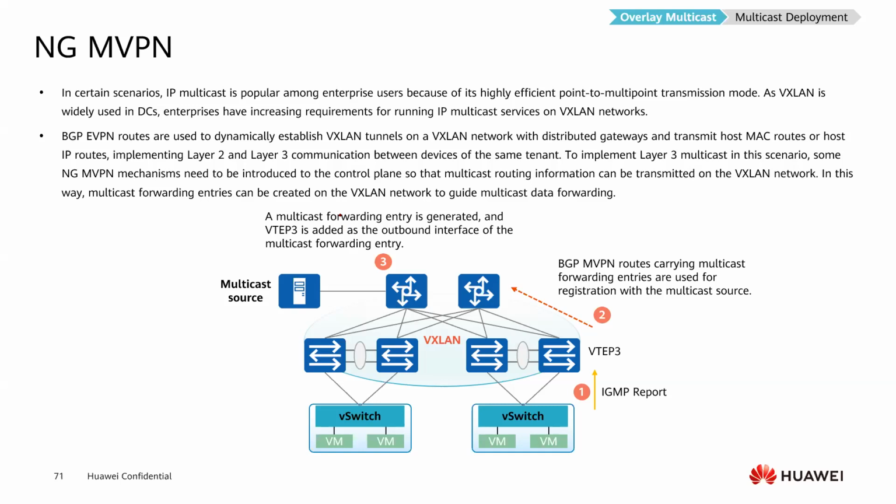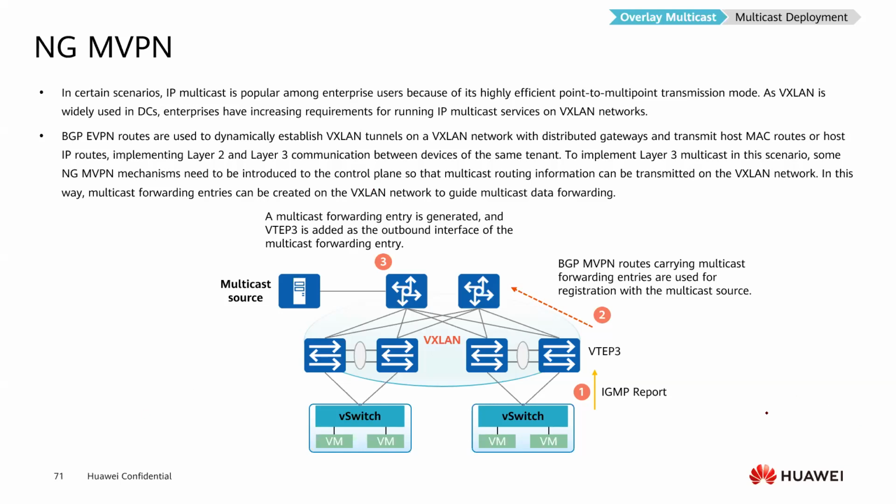To implement Layer 3 multicast in these scenarios, NG MVPN mechanisms need to be introduced to the control plane so that multicast routing information can be transmitted on the VXLAN network. In this way, multicast forwarding entries can be created on the VXLAN network to guide multicast data forwarding.